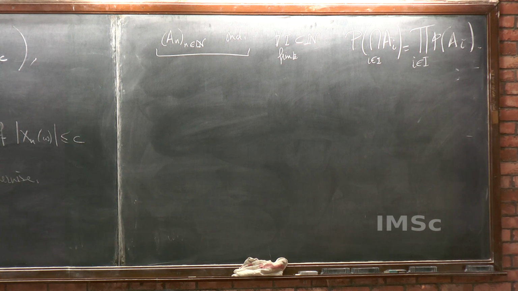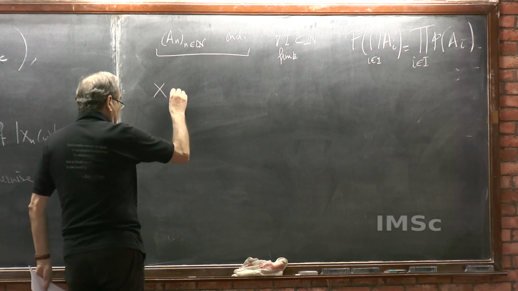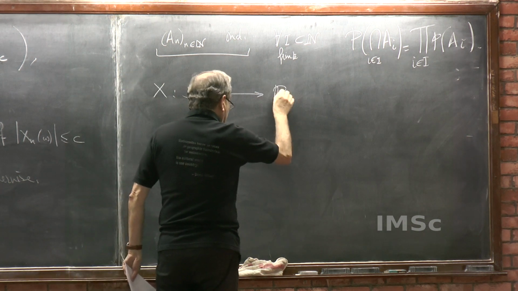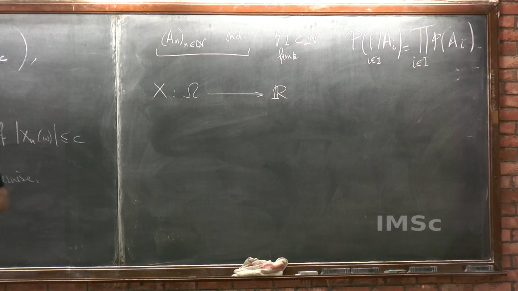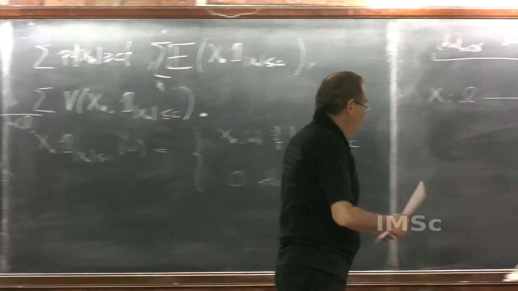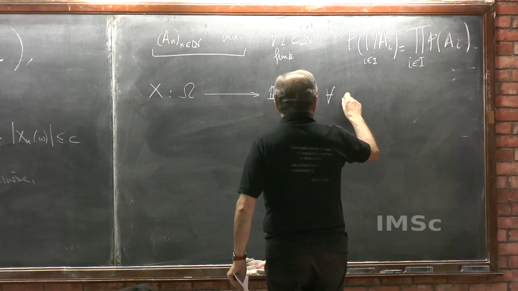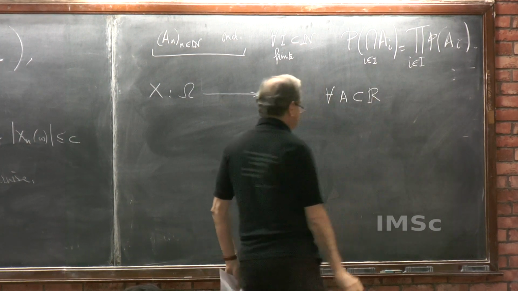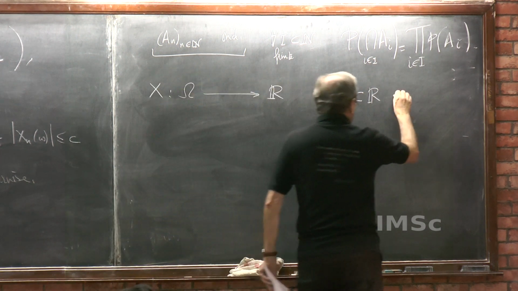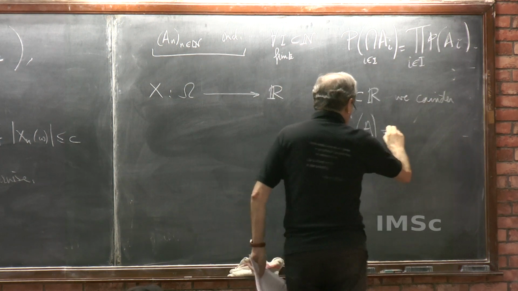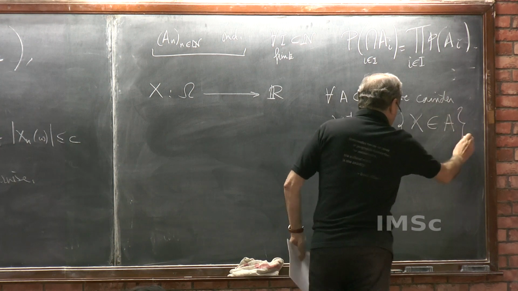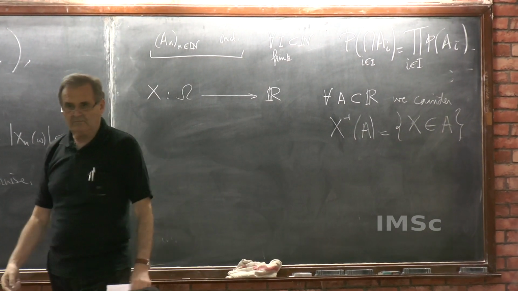Now, you have random variables. You remember that when you have a random variable X, it is something which goes from omega to R. And we are saying the following in our understanding of it, that for any subset A in R, if you don't like it, call it measurable and then you are done, you are able to consider X^{-1}(A). X^{-1}(A), you remember, is what we were calling X belongs to A. That is to say, the set of all the omega for which this holds.